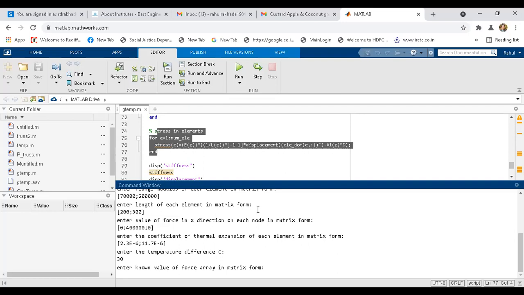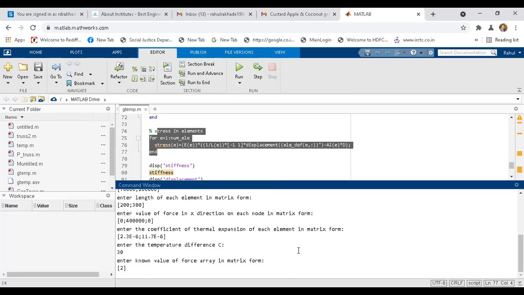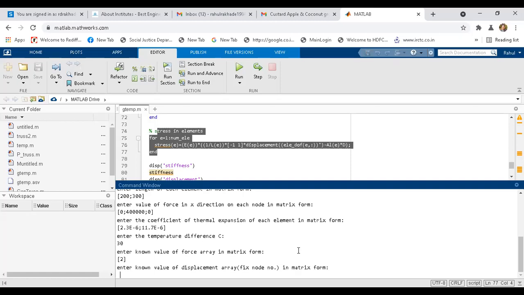Enter the known value of force array. We know the position, that is second, force array second node. Enter value of displacement array, fixed node number. So there are two nodes fixed, node 1 semicolon node 3 are fixed, and after completing all inputs we'll get the answer.